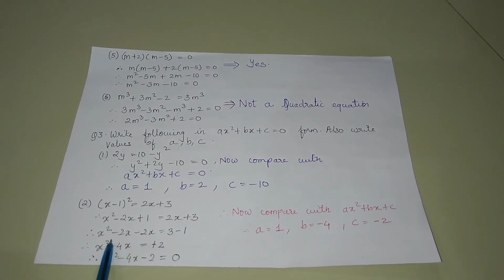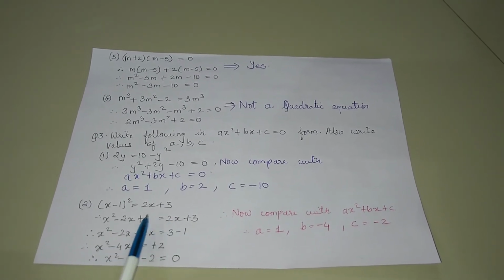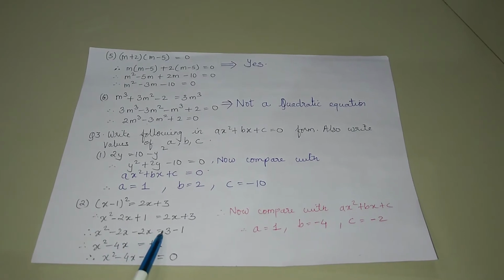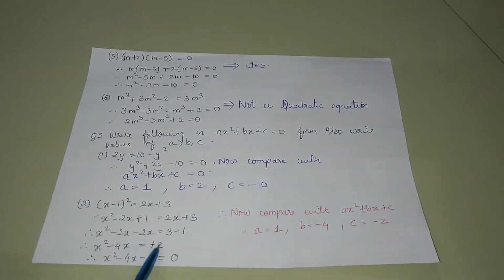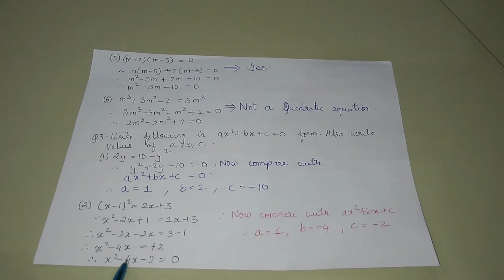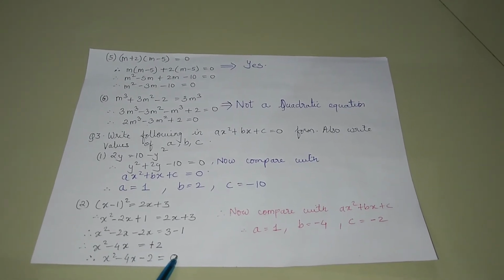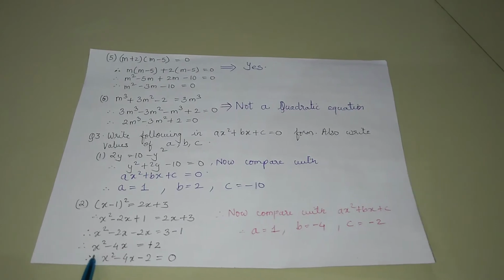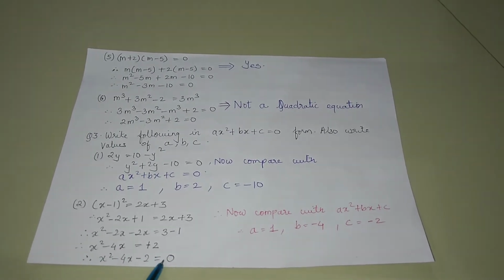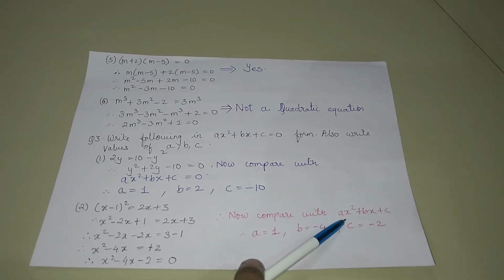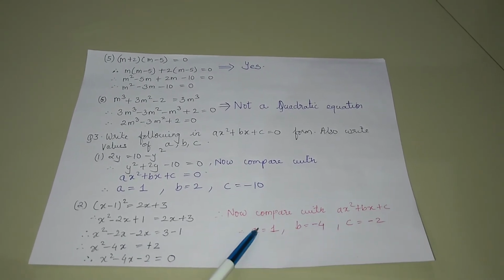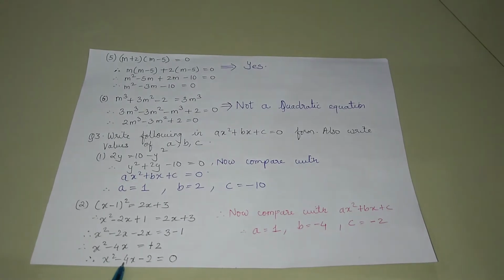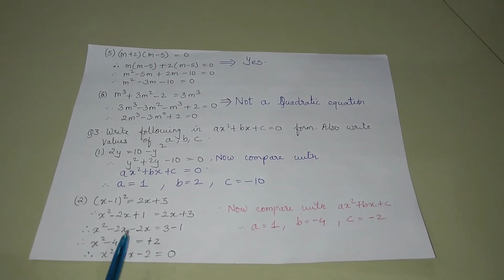So x square minus 2x, this 2x I have taken to this side, so 4x, and 3 minus 1, which is 2. x square minus 4x is equals to 2, so x square minus 4x minus 2 is equals to 0. Now after simplifying the equation, we will compare this with our general form, that is ax square plus bx plus c. So after comparing, we get a as 1, b as minus 4 and c as minus 2.